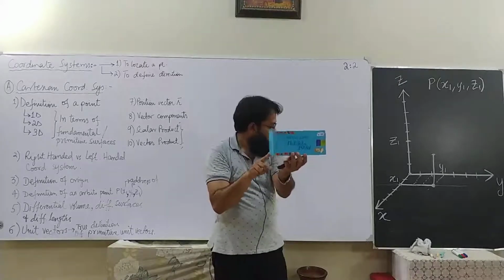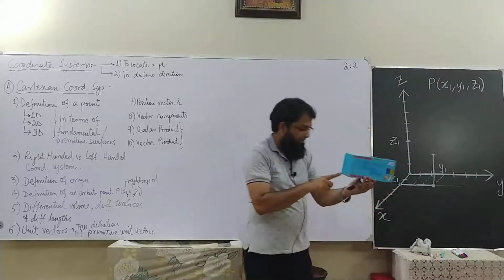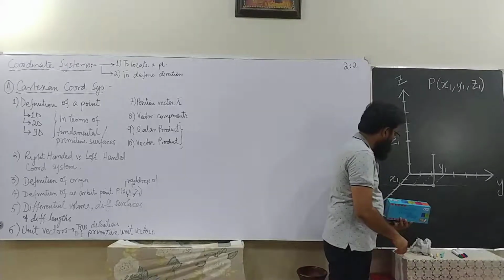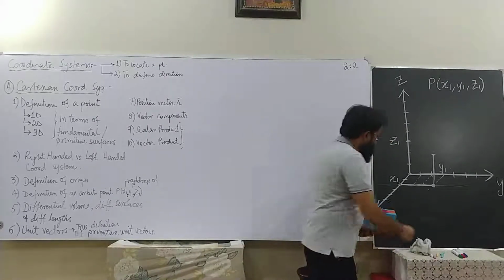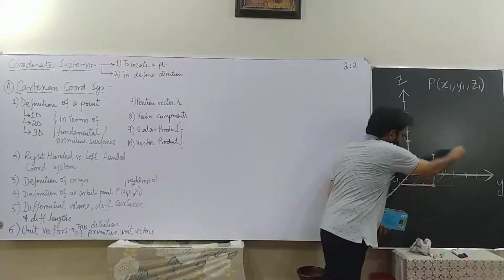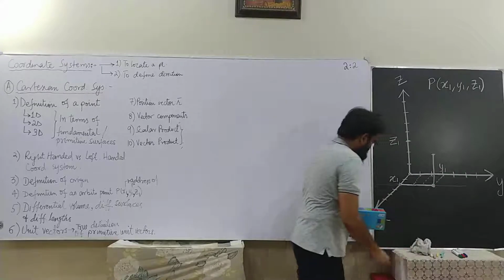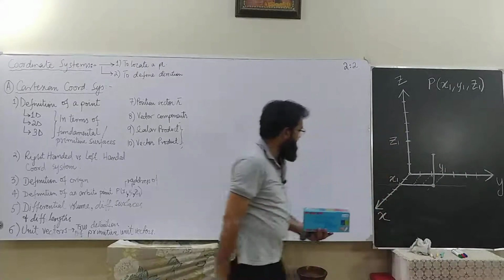All right, so the plane which will be intersecting y at y1 will be parallel to the x and z axes.